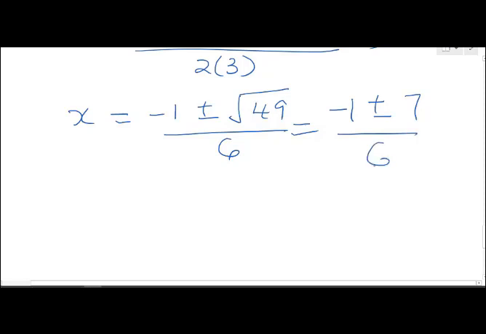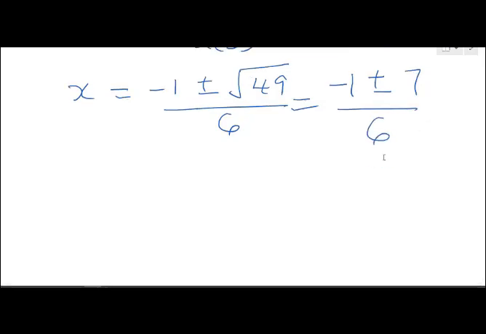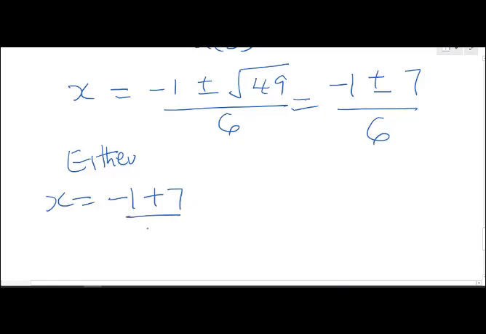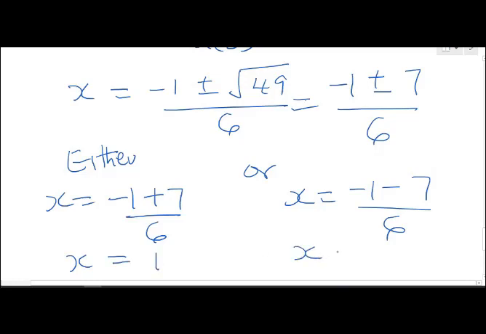The positive and negative values of 7 give two values of x, so we have either x is equal to minus 1 plus 7 all over 6, or x is equal to minus 1 minus 7 over 6. From the first solution, we have x is equal to 1, and from the second solution, we have x is equal to minus 4 all over 3.